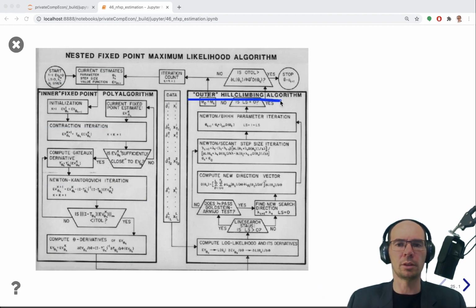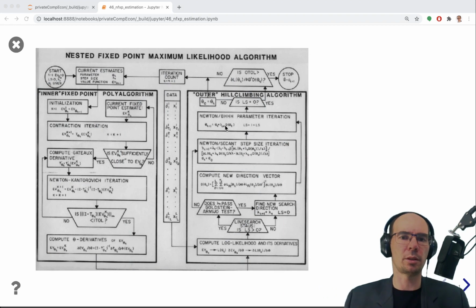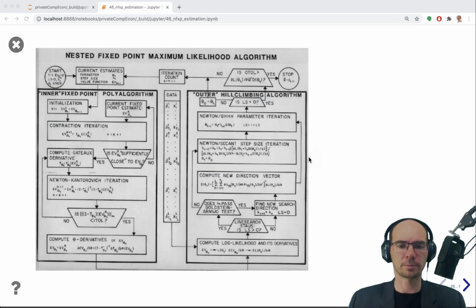And the outer hill climbing algorithm, which is the BHHH algorithm with additional search for the step size in the direction chosen by the approximated Hessian. And how these parts work together in the nested fixed point estimator. If you would like to keep all this knowledge with you, it's pretty easy to print this out and put into your pocket. Therefore, we need a pocket guide.